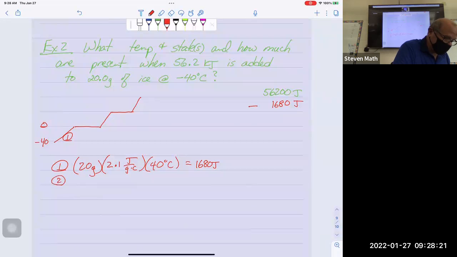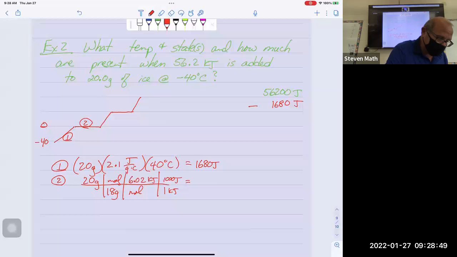2, let's melt the ice. 20 grams, 18 grams per mole, 6.02 kilojoules, 1,000 joules.